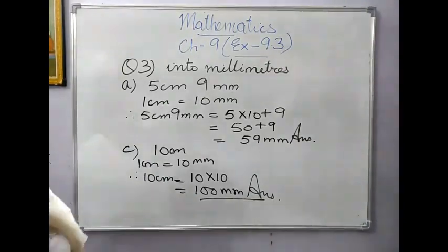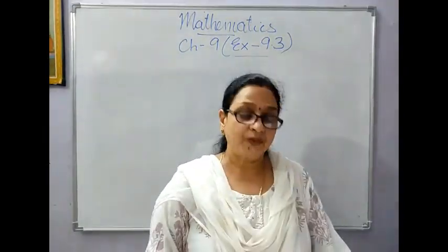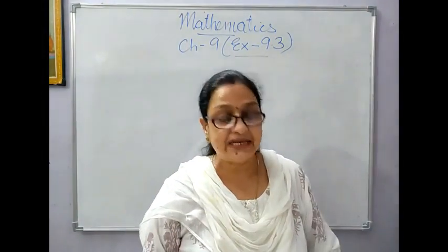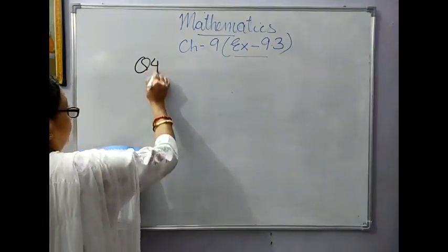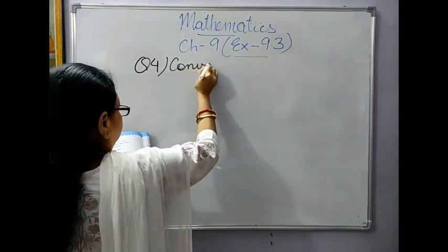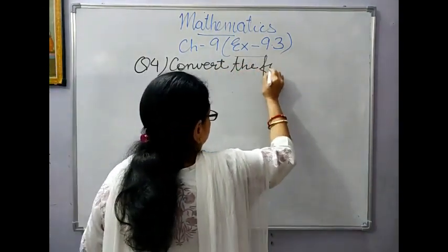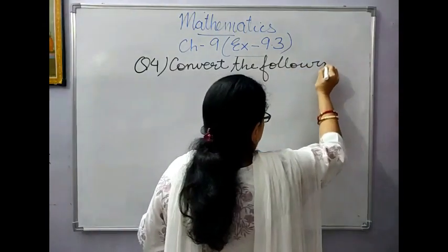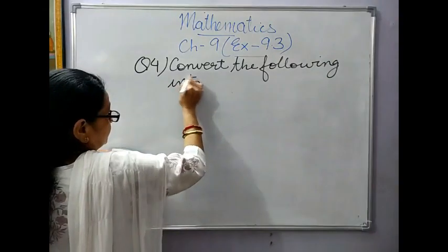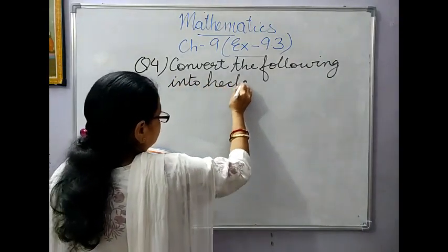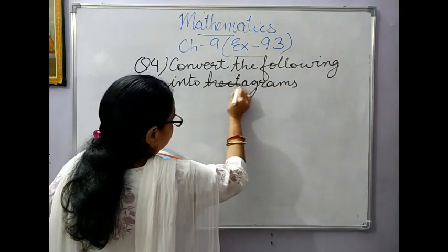Okay, now we move on to question number 4. Now in this question number 4, there is a slight change. Convert the following into, it is given hectograms, and children, I have told you that we will not be doing hectograms and all, so we will cut this word.